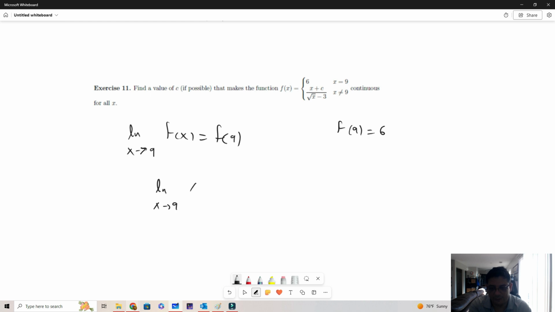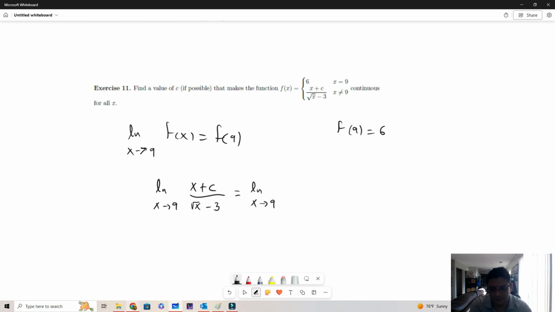And I have x plus c here, right? And I have a square root of x minus 3. If I plug this in right away, then this is going to cancel out and it's going to give me a 0 down below. So what I'm going to do is make a difference of squares here. And that's going to tell me pretty much what's the c that I need.